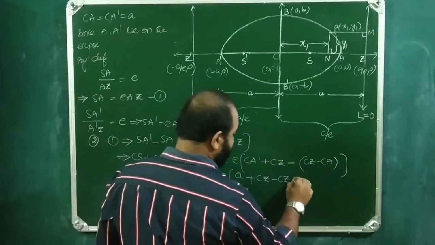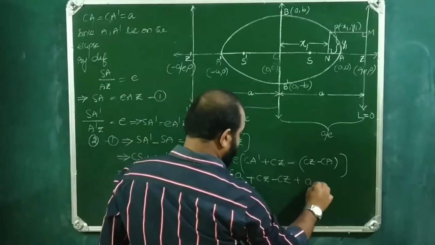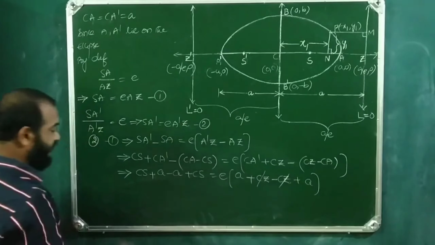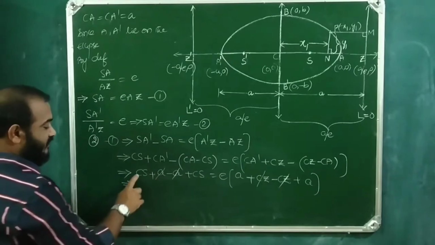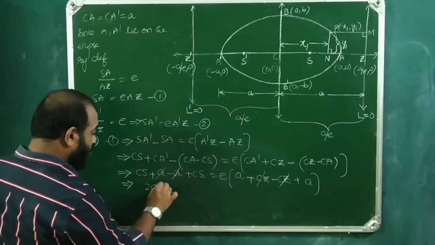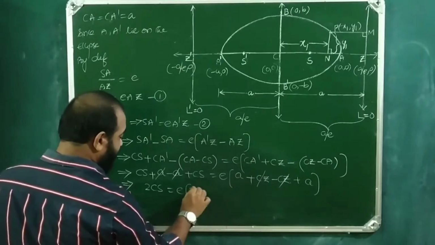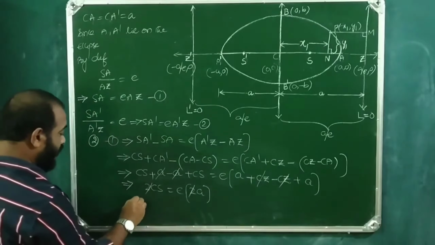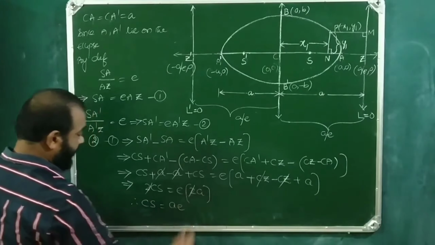Minus into minus is plus CA, and CA equals A. CZ minus plus CZ gets cancelled. This plus A minus A gets cancelled. CS plus CS is 2CS, equals E into A plus A, which is 2A. 2 gets cancelled. Therefore, CS equals AE.